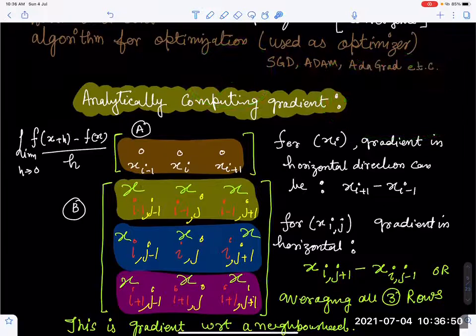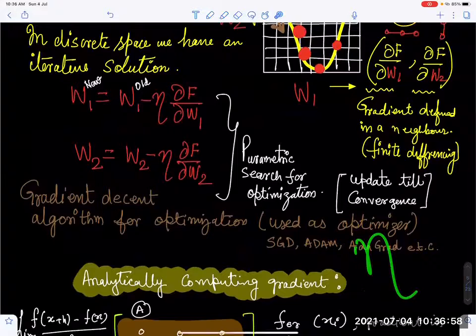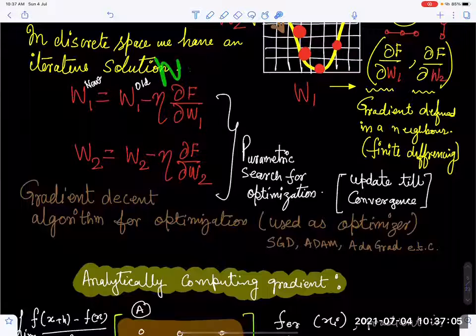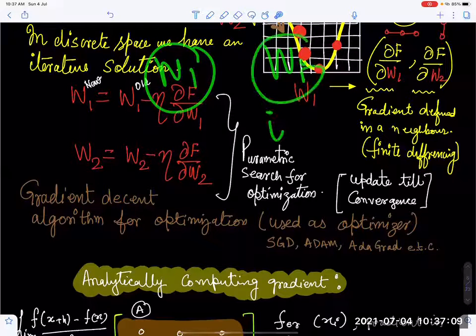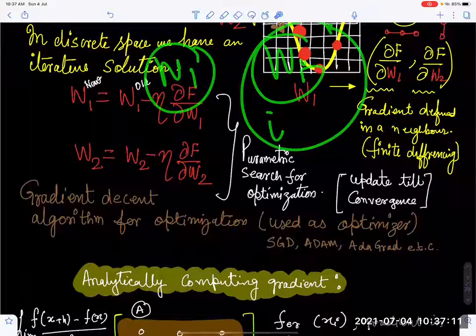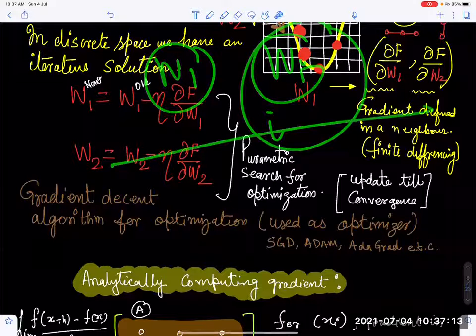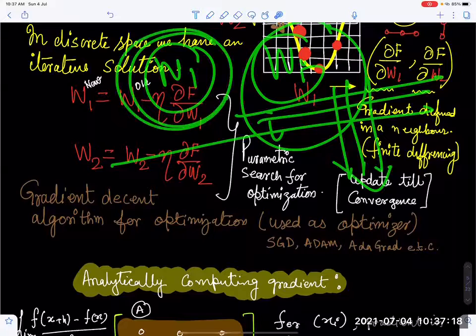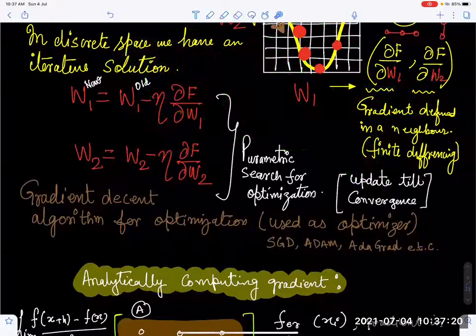Yes. So when finding eta times the partial derivative with respect to W1, the rest is 0? Rest is not used, because when you differentiate with respect to W1, all the other Wi's are constant, and their derivatives will be 0. Only this derivative will be active. Okay. Got it. Thank you.